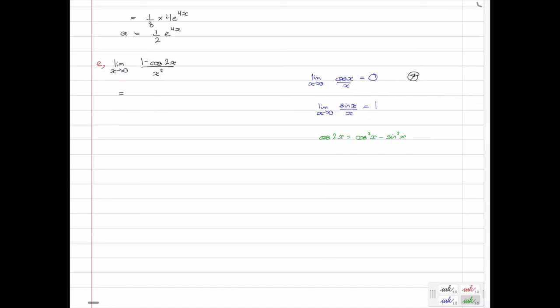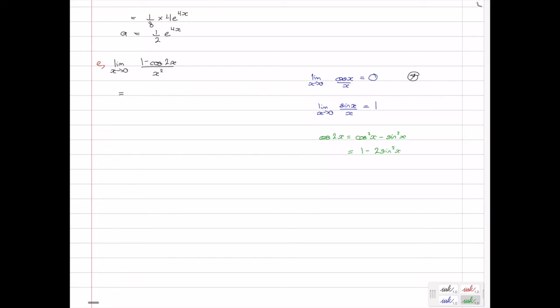Like I said earlier, there are other ways that we can write this formula. There are actually 3 ways in which you can write the double angle formula for cos. We can let cos squared x equal 1 minus sin squared x, and if we do that, we get 1 minus 2 sin squared x.